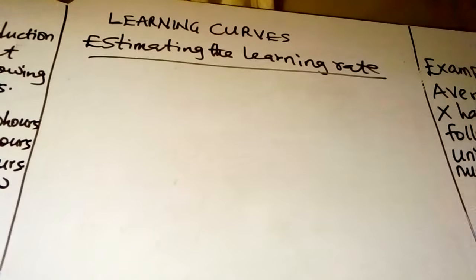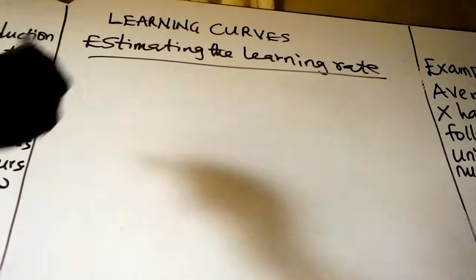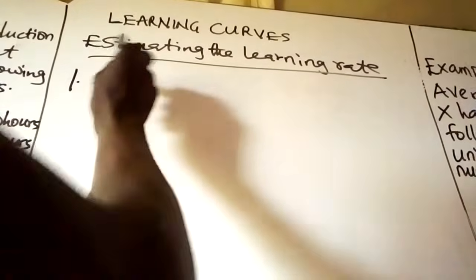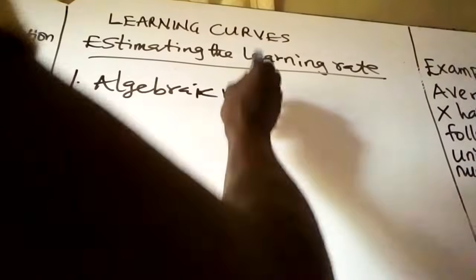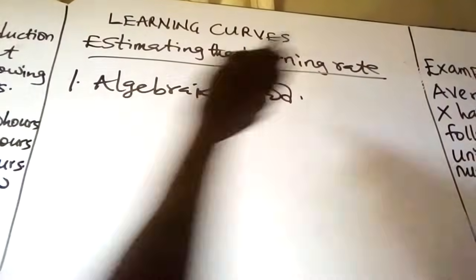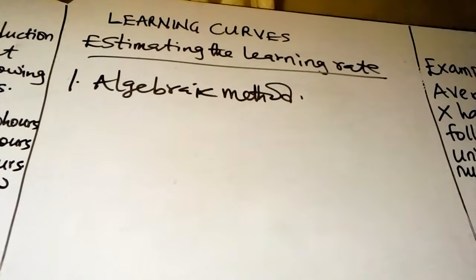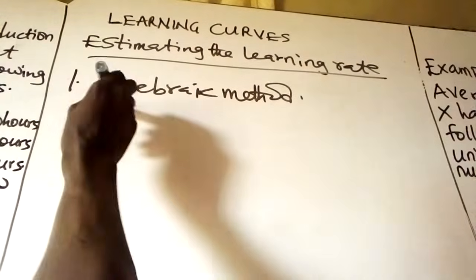There are two methods of estimating the learning rate where this is not provided in the question. The number one method is the algebraic method, and this method is solved using this formula.